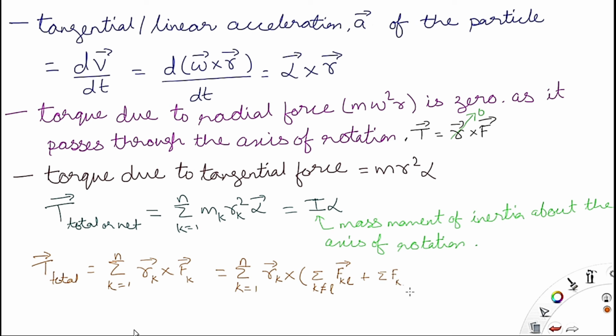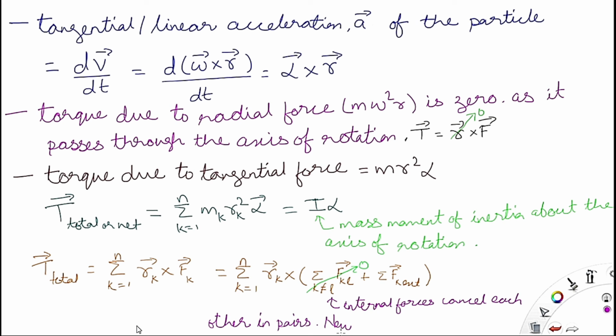Now total torque is equal to summation of r cross F. F constitutes both internal and external forces, but internal forces cancel out each other. So we are left with only external forces.